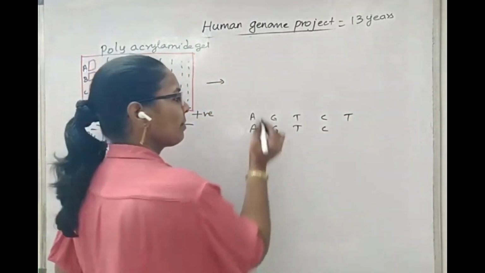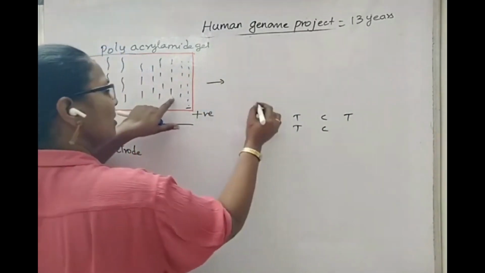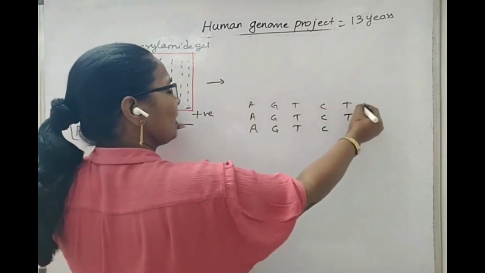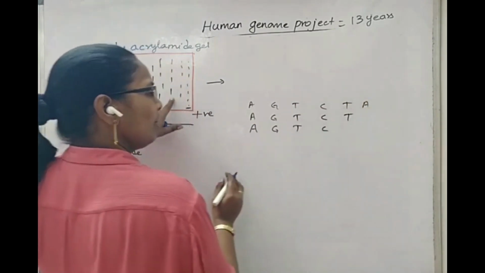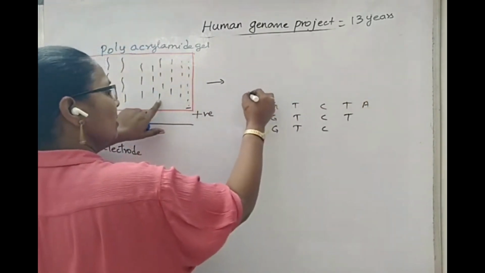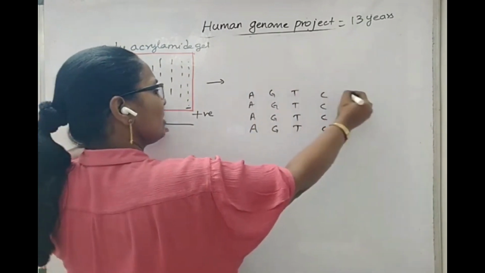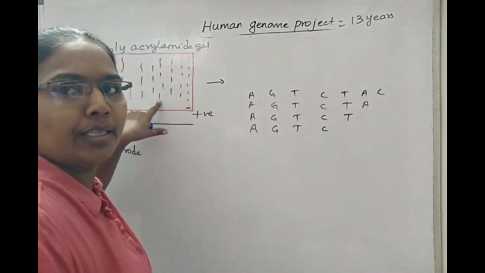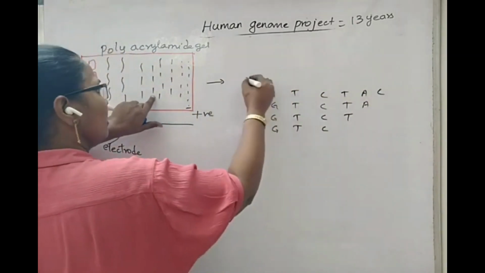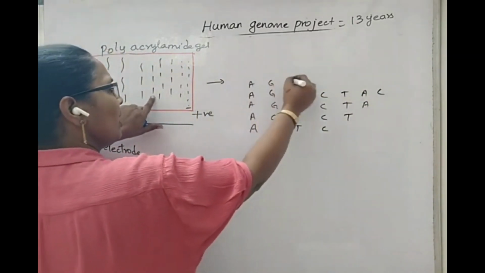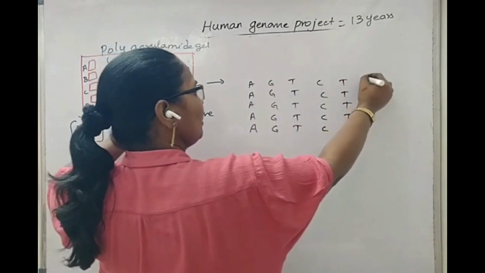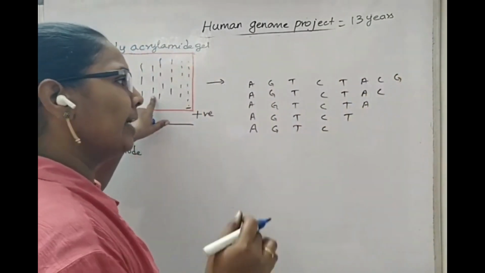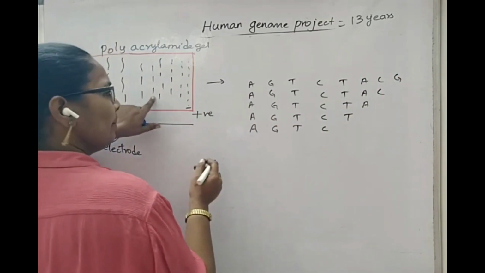Again, the third one: adenine, guanine, thymine, cytosine, thymine, with another nitrogen base extra. This one, adenine, guanine, thymine, cytosine, thymine, adenine, has one more. It can be any of the base pairs. Another sequence, the fourth one: adenine, guanine, thymine, cytosine, thymine, adenine, cytosine. The last base can be any of the 4 nitrogen bases.